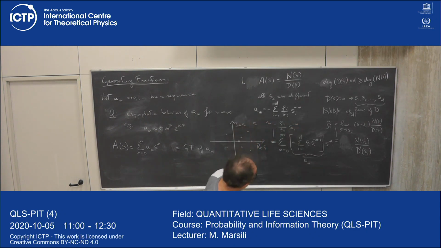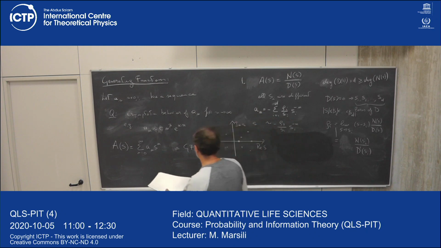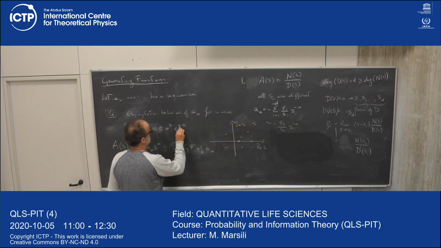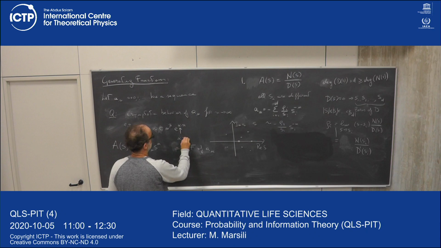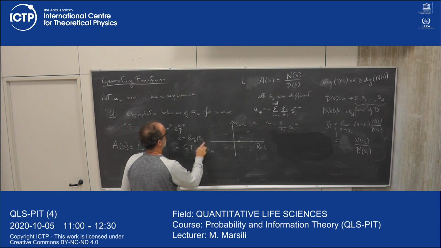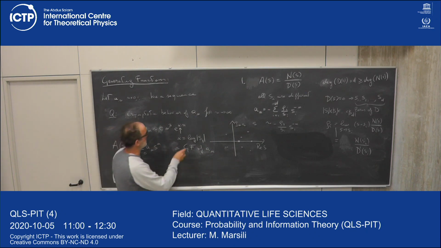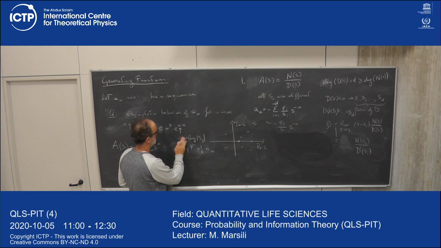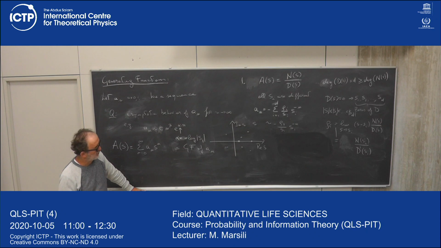So this tells you that if you want to compute this number here, so this alpha is given by minus the log of the modulus of the closest singularity to the origin.